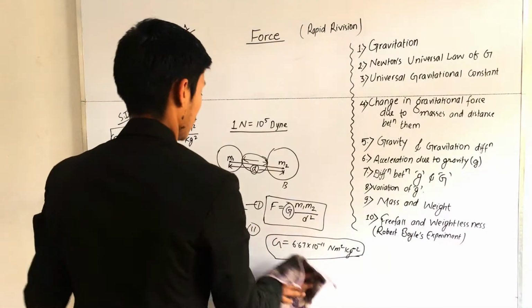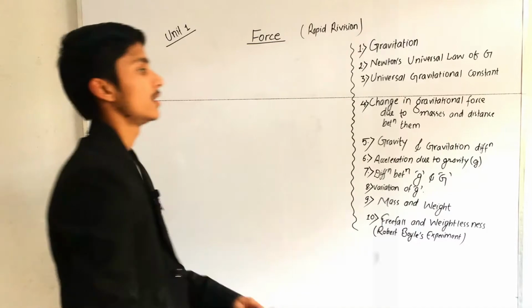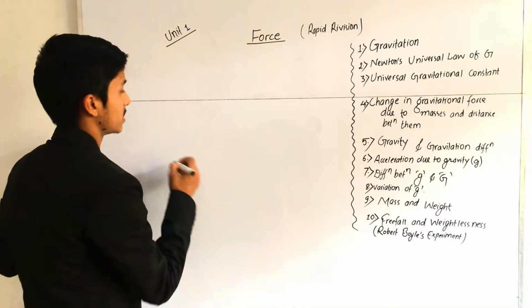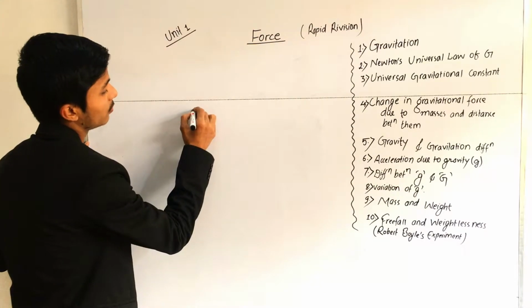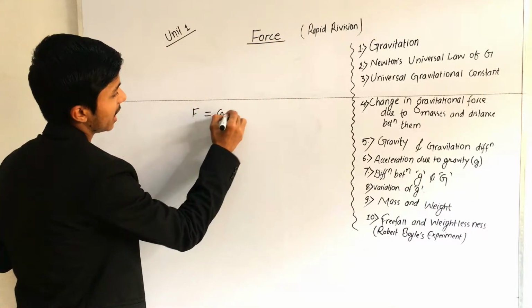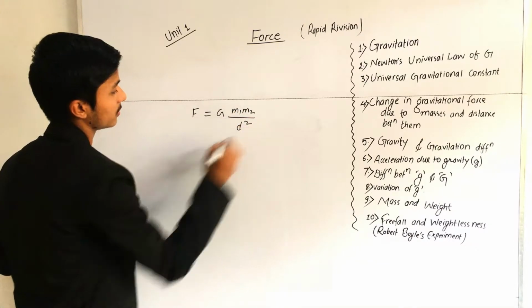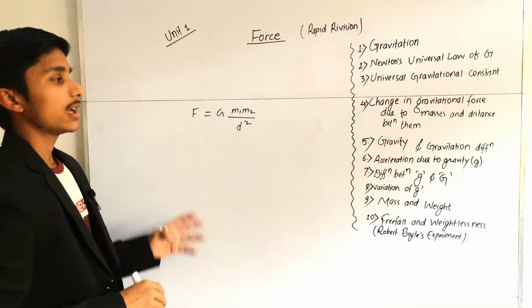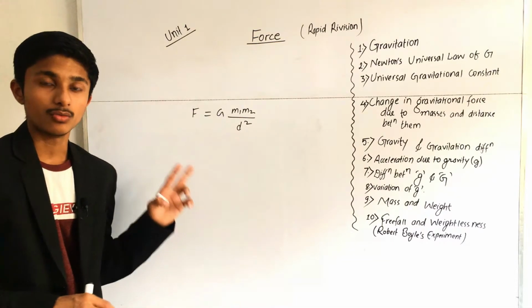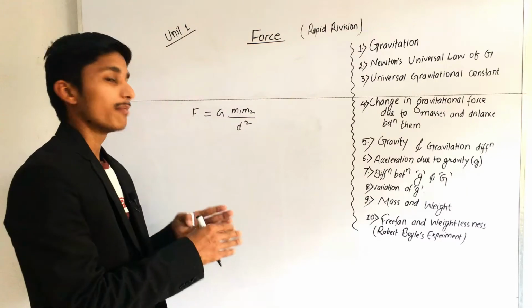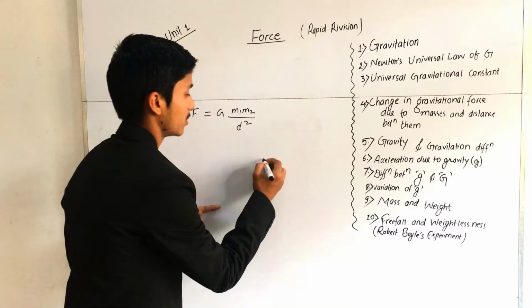Now we find the change in gravitational force due to masses. Here we have the formula F is equal to capital G m1 m2 by d square. For masses we take two cases: when mass of one object is doubled, and in another case, when mass of both objects is doubled.